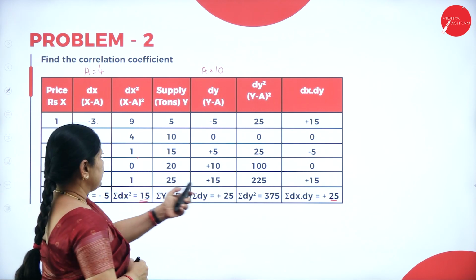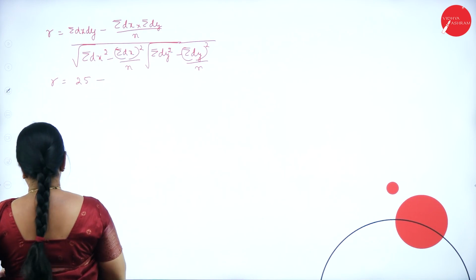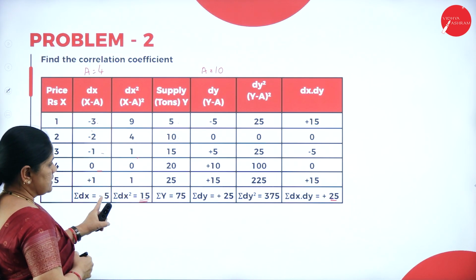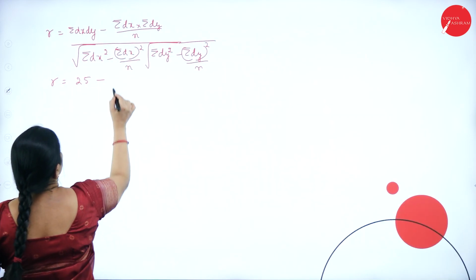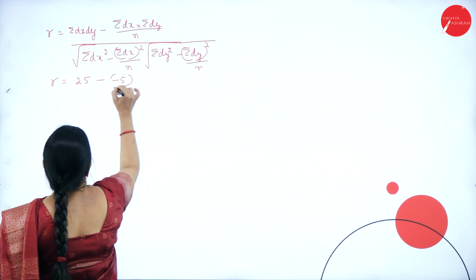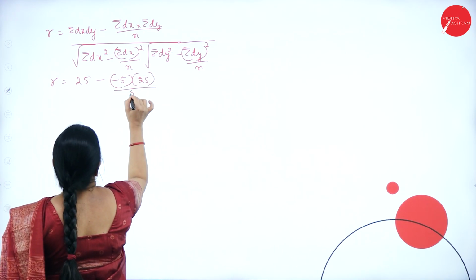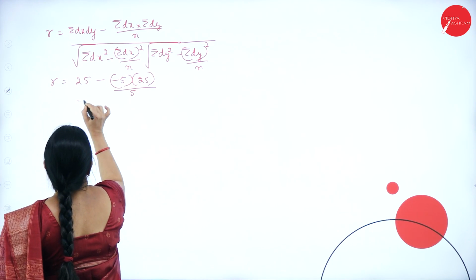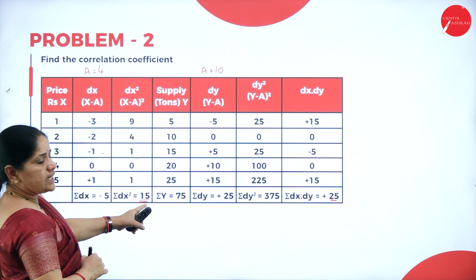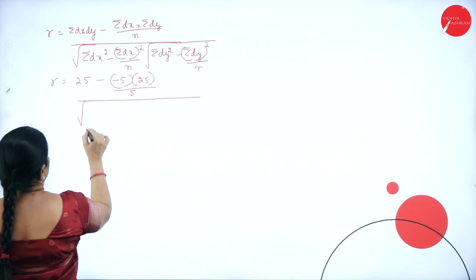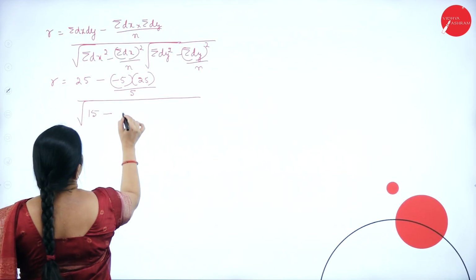Sigma dx dy equals 25 minus sigma dx, which is minus 5, into sigma dy, which is 5. Sigma dx square is 15, sigma dy square is 5.